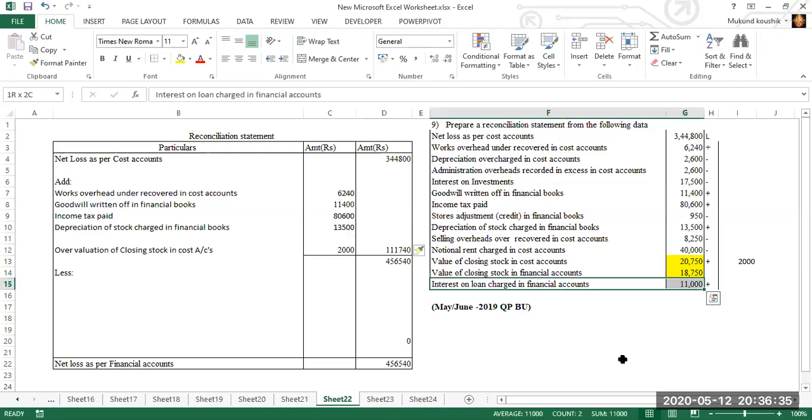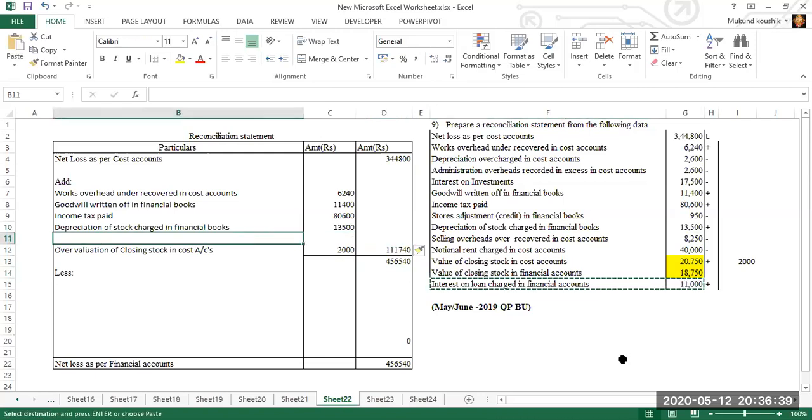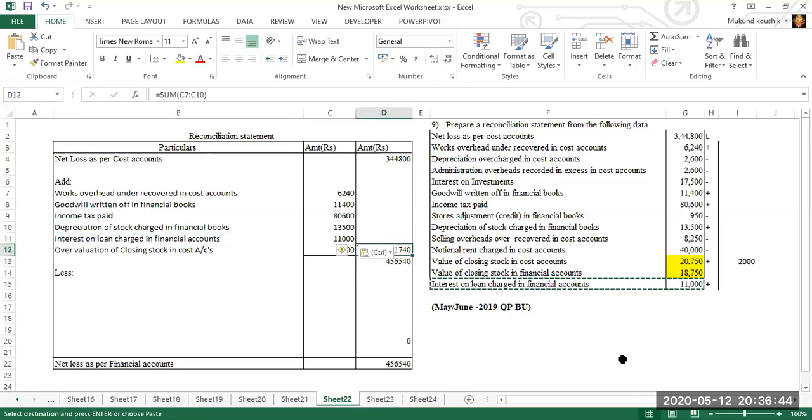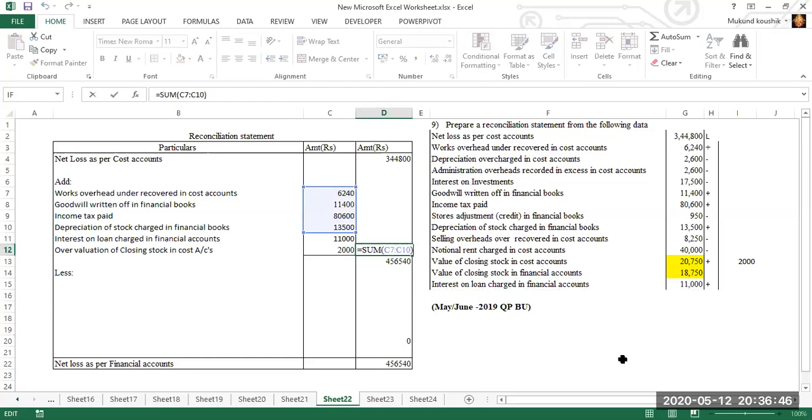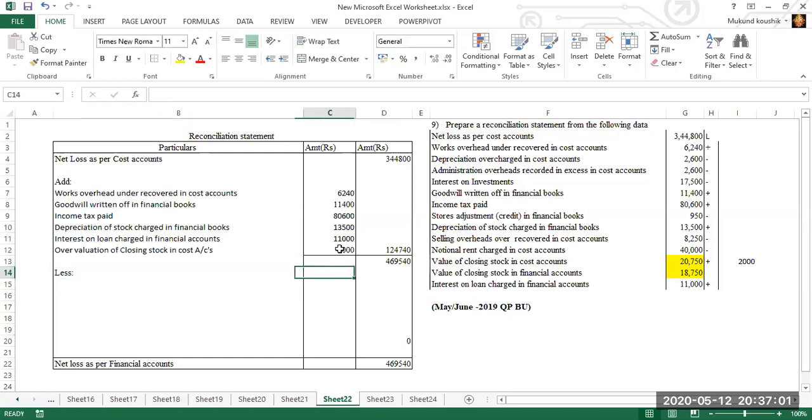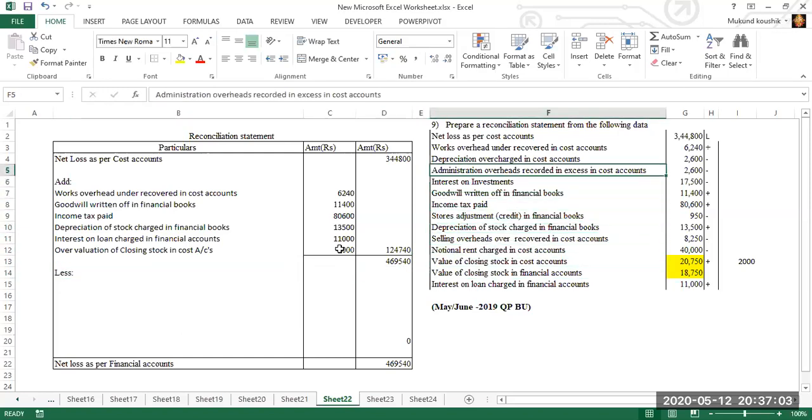Then again, interest on loan charged in financial account also. So we will add all these items and find out the total. Then again, we have to deduct certain items. So what are all the items we are supposed to deduct?